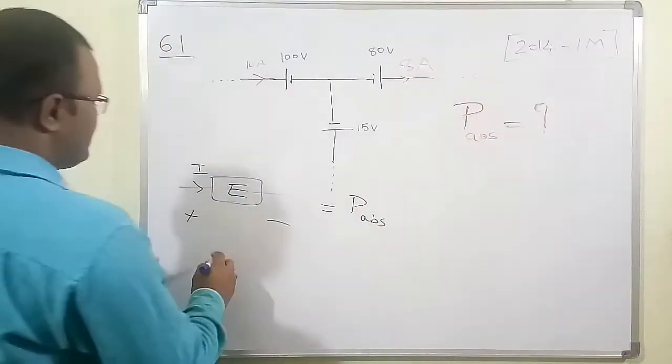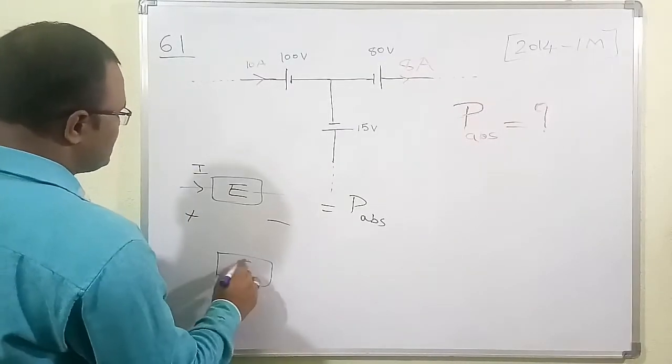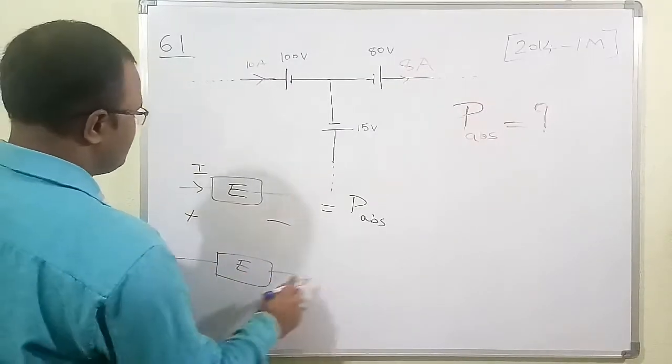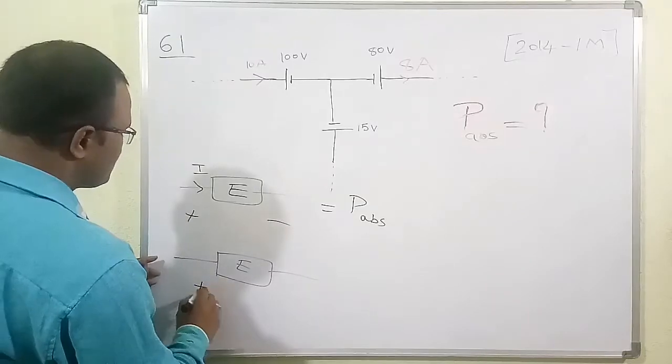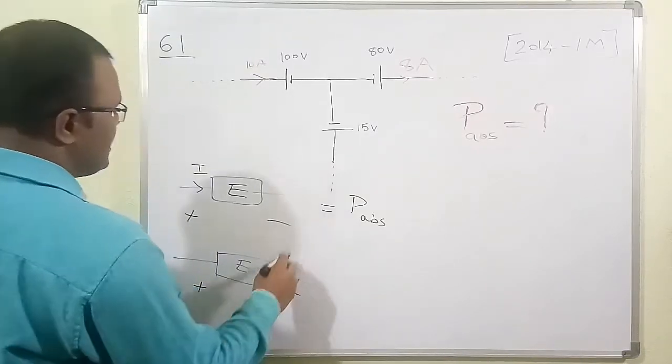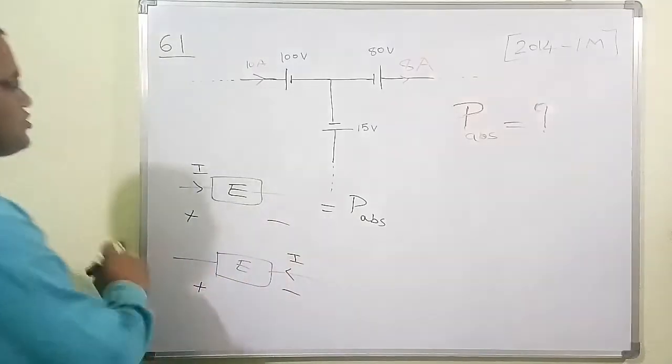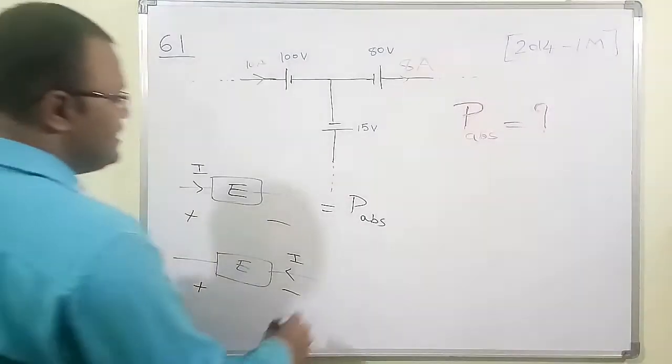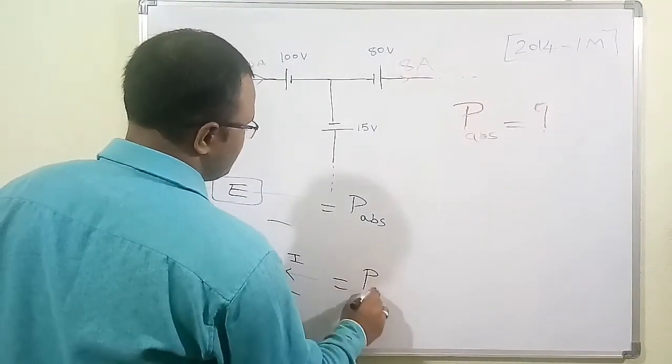If for the same element E the current flows in the reverse direction, meaning the current goes from negative to positive, then this element is going to deliver the power.